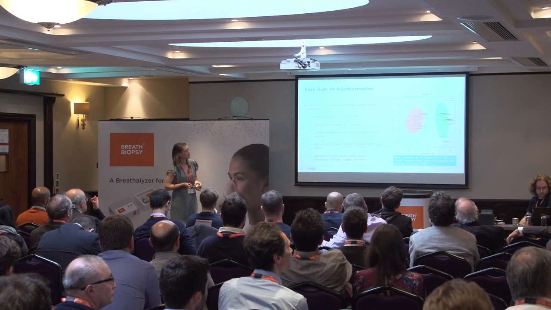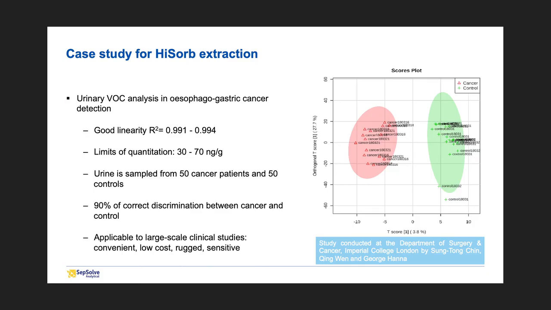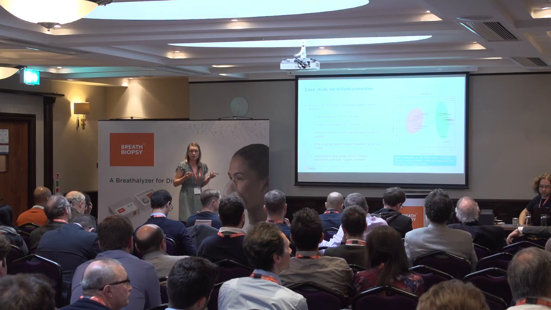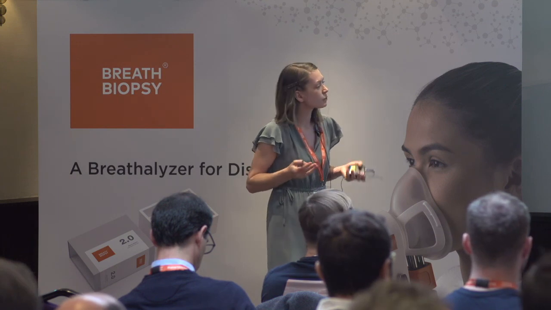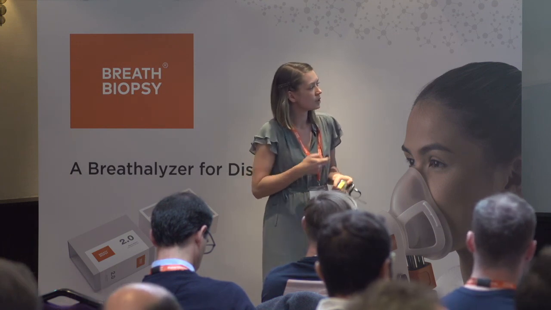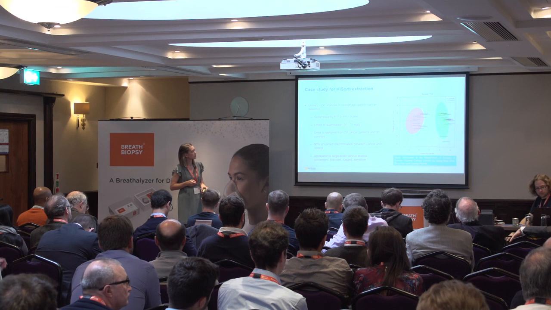And in the preliminary study, they looked at 100 different participants and were able to get 90% correct discrimination between the esophagogastric cancer patients and the control set. So as a preliminary study goes, that's looking pretty promising for the HiSorb probes for urine analysis.